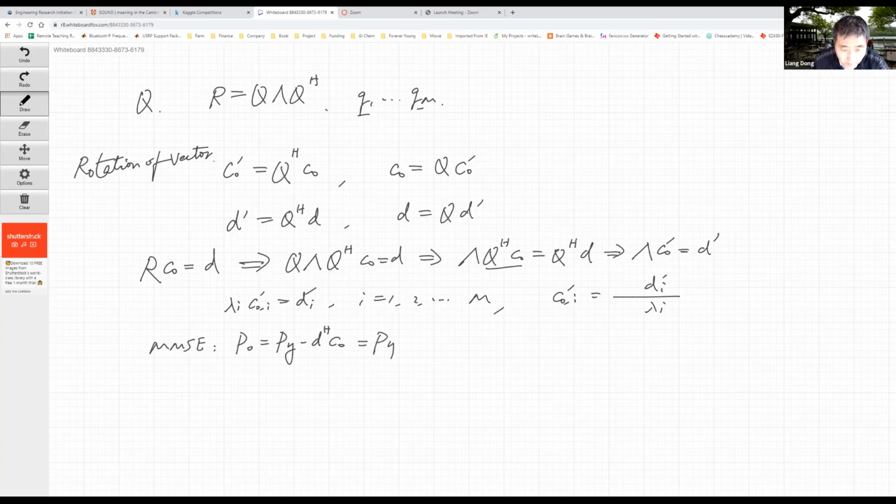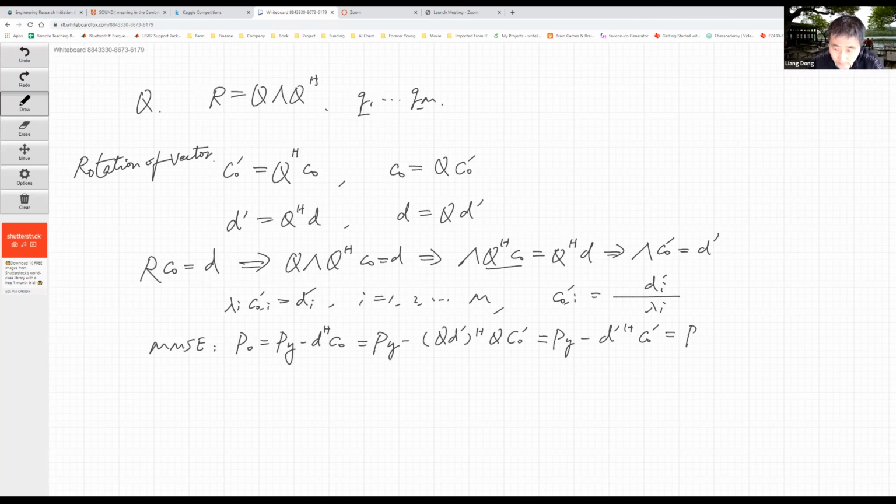In our case, it is Py subtract Q D prime Hermitian times Q C0 prime, which is equal to Py subtract D prime Hermitian C0 prime, right? Why do we have that? Because Q Hermitian Q cancels out; it's an orthonormal matrix, so it becomes an identity matrix.